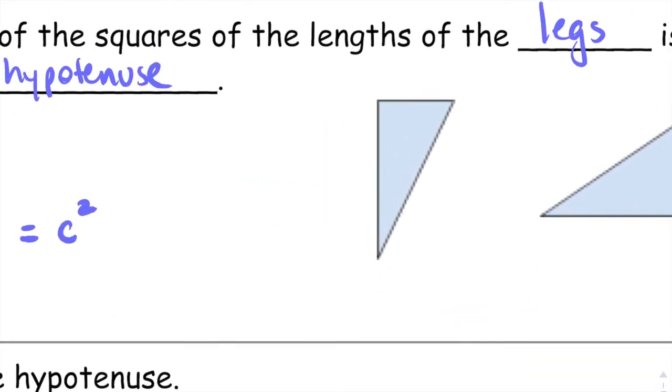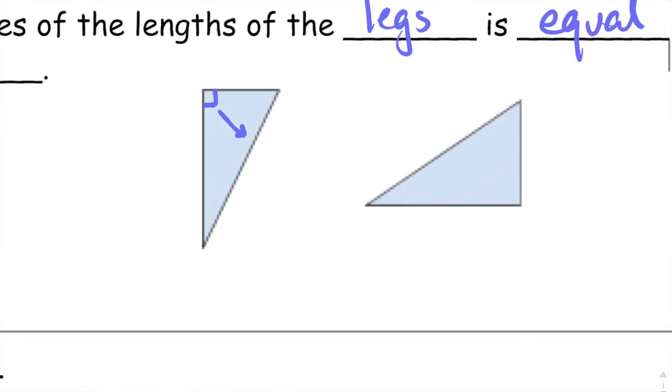For example, my hypotenuse is always going to be opposite my right angle. In this case, here's my right angle, so this is going to be my hypotenuse. It is always going to be the longest side of a right triangle, and it will never be touching the right angle.